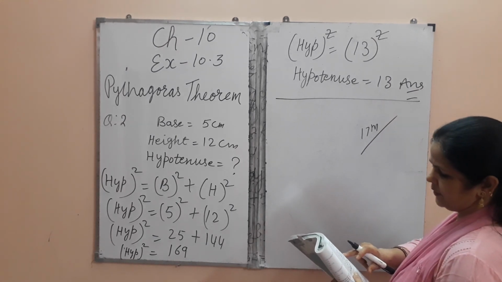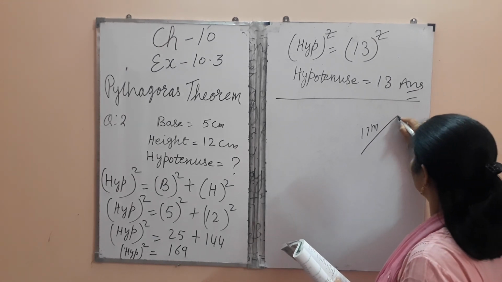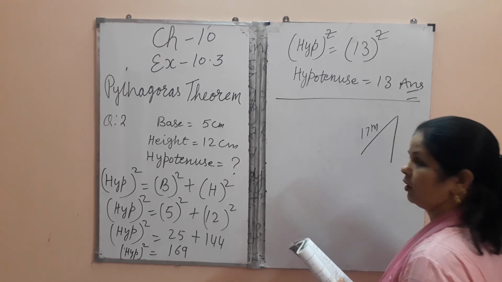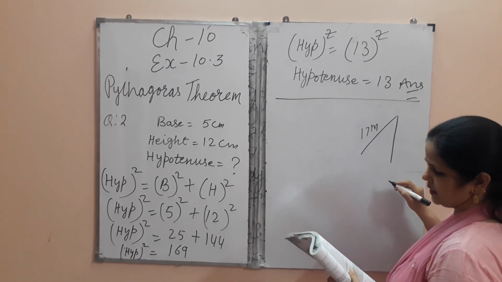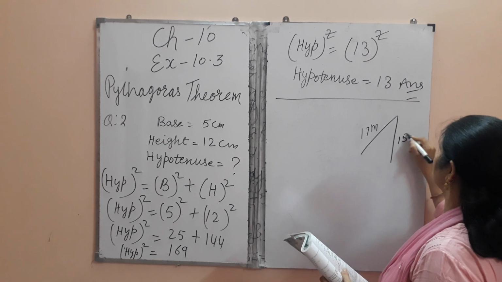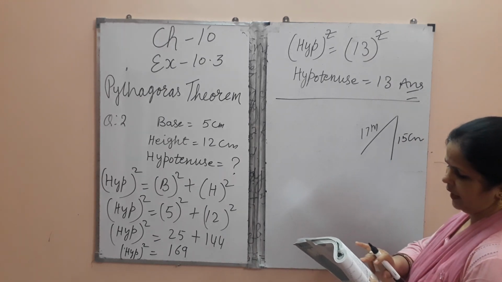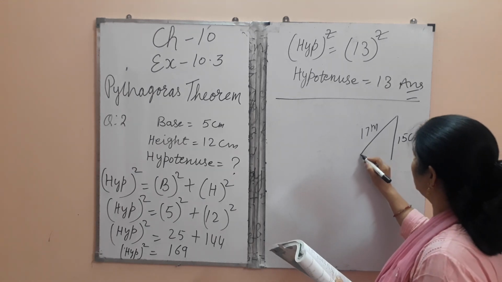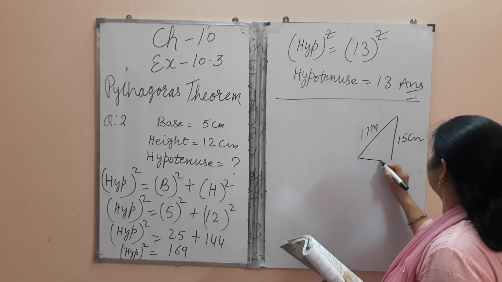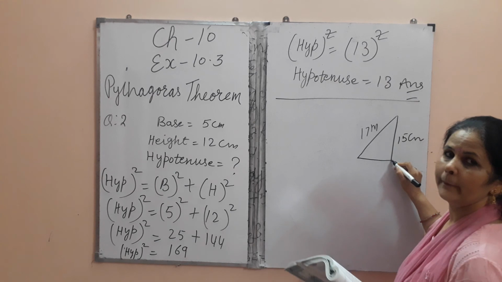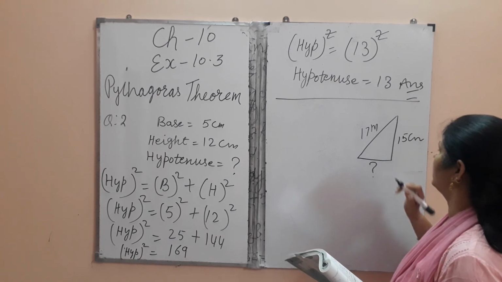And it reaches the wall. It always stands by the wall, and this wall is 15 meter. How far is the foot of the ladder away from the foot of the wall? So this we have to find out.